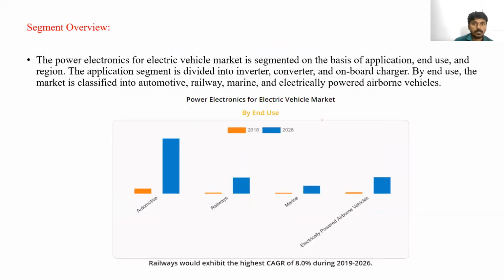Next, the power electronics for the electric vehicle market is segmented on the basis of application, end use, and region. The application segment is divided into inverter, converter, and onboard charger. By end use, the market is classified into automotive, railway, marine, and electrically powered airborne vehicles. So by the end of 2026 there is a huge market for power electronic converters in the automotive field.